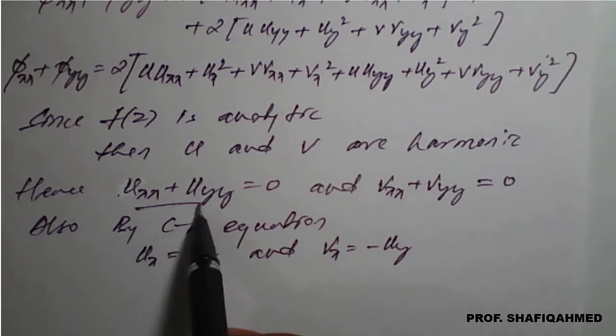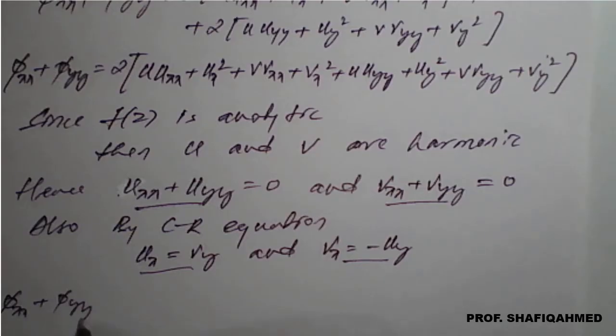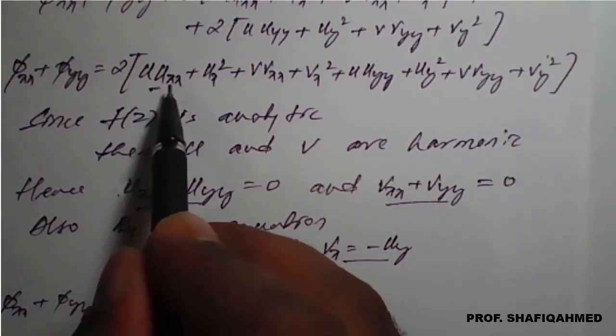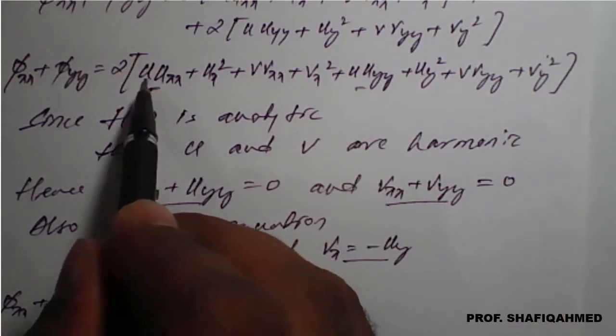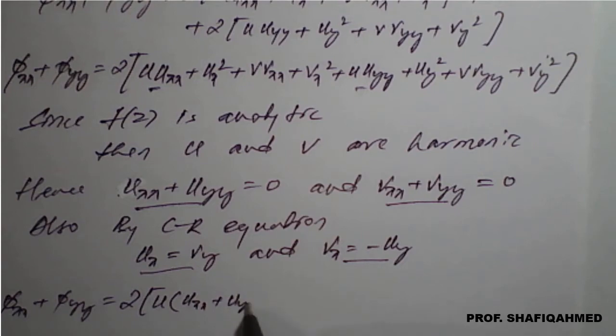So using these conditions, the above expression I will write here: phi of xx plus phi of yy is equal to 2 times, so you just see here, among these two, if you take u common, what happens here, uxx plus uyy.